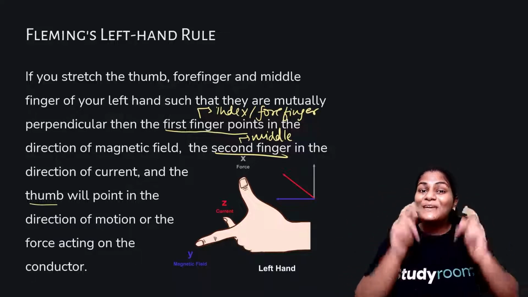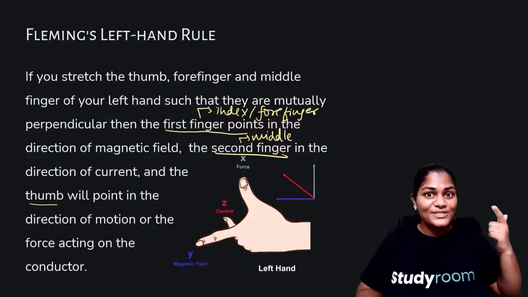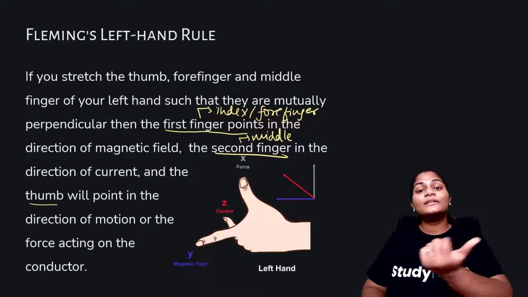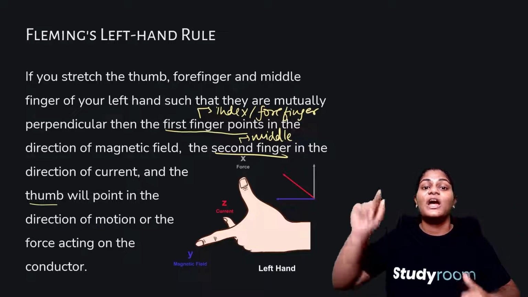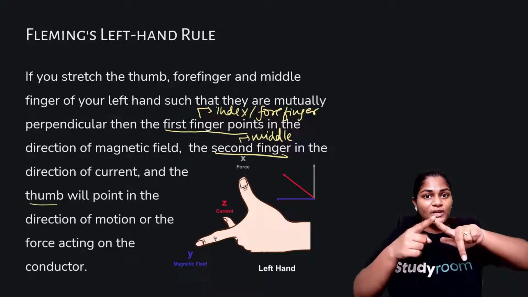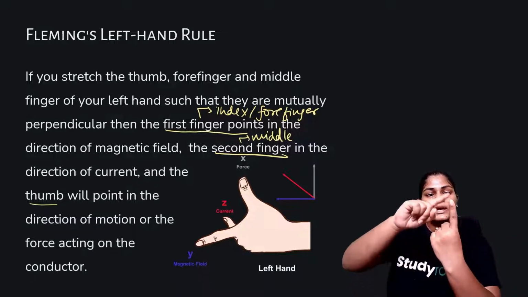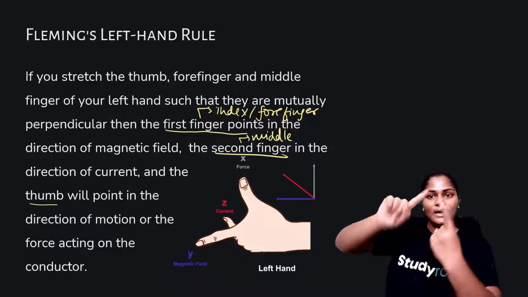Now, keeping this in mind, go back to that activity 13.7 that we just did, in which we said the rod will be displaced towards the left. Now, keep your index finger in the direction of the magnetic field, which in the case of a horseshoe magnet was north to south, so it was pointing upwards. Great.